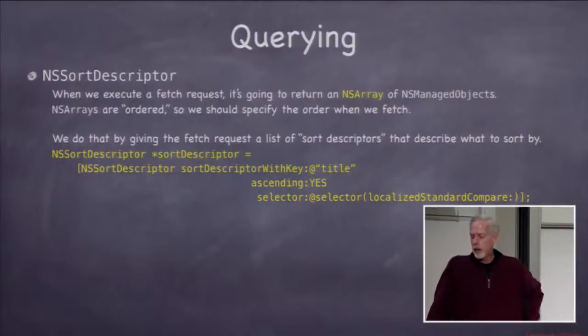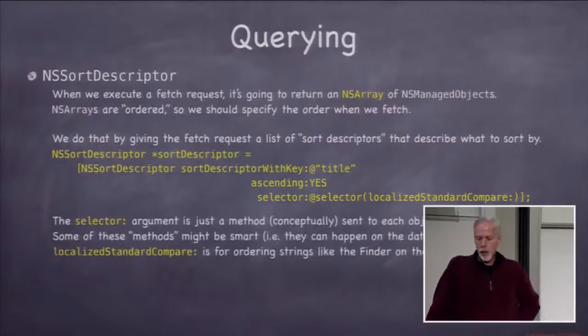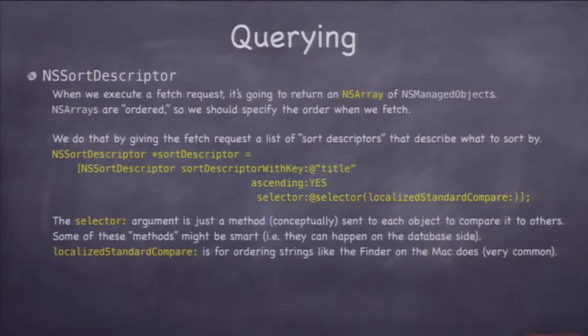Okay? Now, what is localizedStandardCompare? It means sort them like they would look in the Mac Finder, basically. That's a colloquial way of saying it, but basically sort them how real people think things should be sorted. Case insensitively, and do the right thing with diacritic marks if it's a language that has a lot of diacritics, that kind of thing. Okay, that's what localizedStandardCompare is.